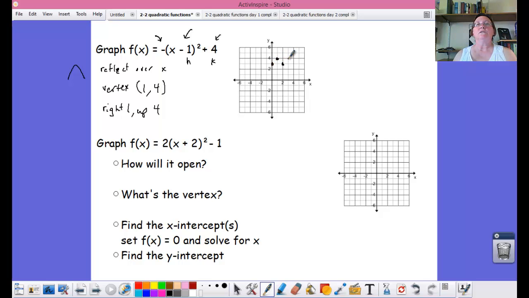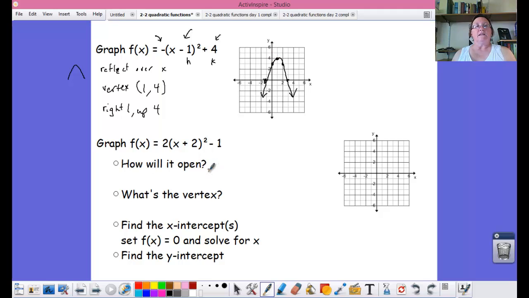Then if you go out 2 from the vertex and 4, so 2, 1, 2, 3, 4 right there, that point will be on the parabola. Back 2, down, and you can use that symmetry. There's our parabola right there. Opens downward, has vertex (1, 4), and we plot those points either by creating a table if you don't remember the pattern, or remembering that it's 1 and 1 and then 2 and 4.